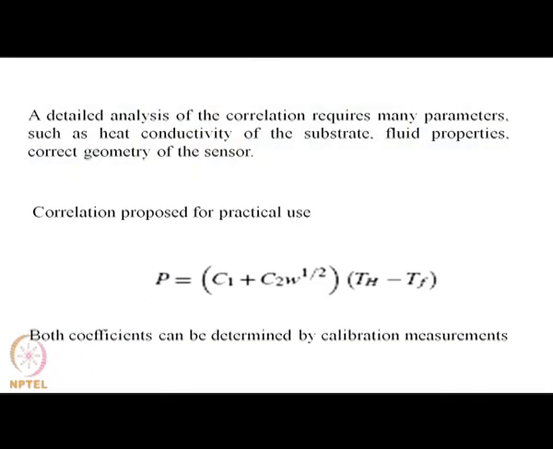So, in order to ease the use of such a relation, a correlation of the following form is proposed and is used in most of the calculations: P = (C1 + C2 W^(1/2)) (T_heater - T_fluid), where W is the velocity.